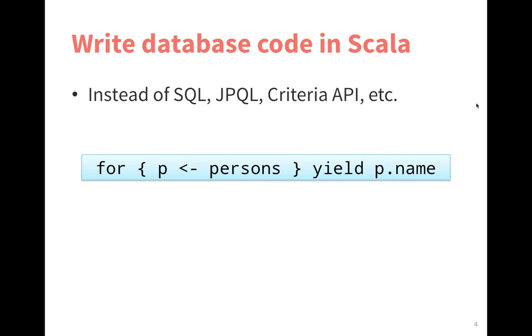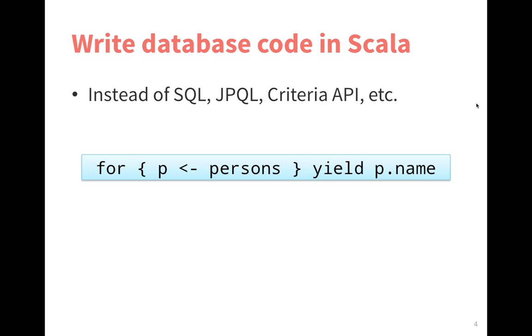Okay, so first of all, what is Slick all about? It's a database access library, so you might be thinking it's something like an ORM, but we're actually trying to do something a bit different, which is not object relational mapping, but functional relational mapping, because it's a lot easier and a lot more seamless to map your database queries and your database access to a functional design than an object-oriented one.